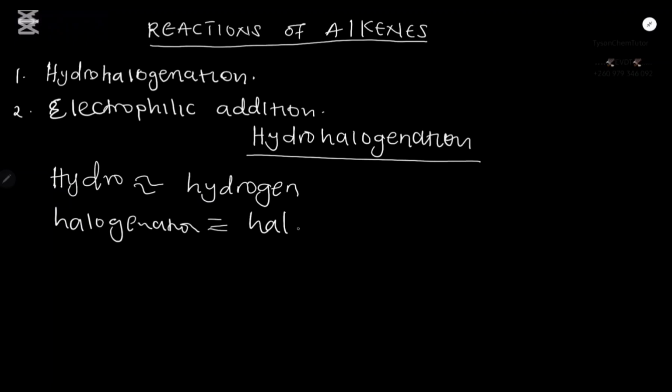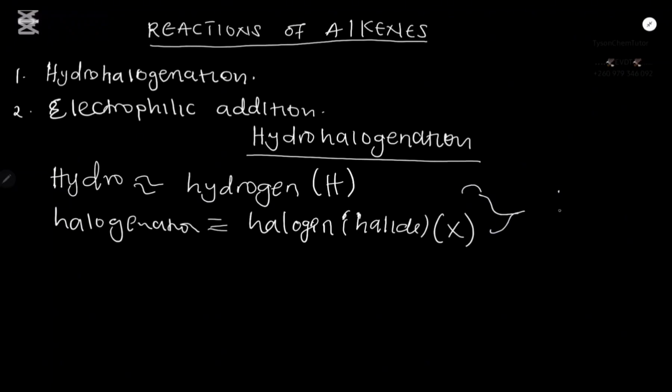Some say halide. So if you add these, you have hydrogen here and the halogen. Halogen is denoted by X. So you have HX.